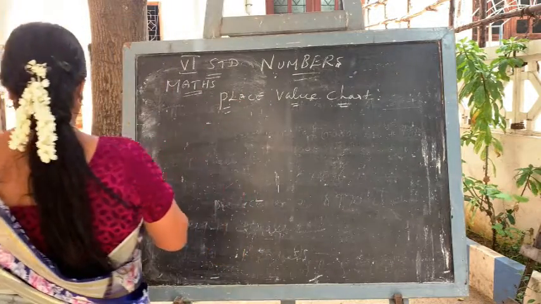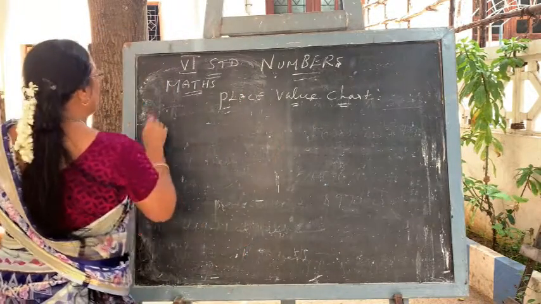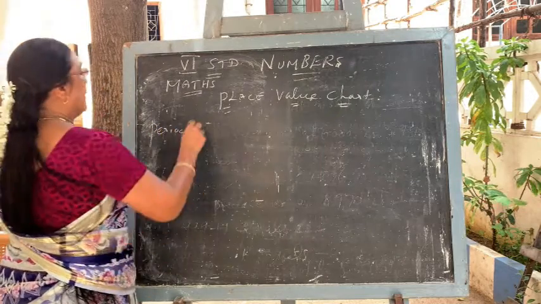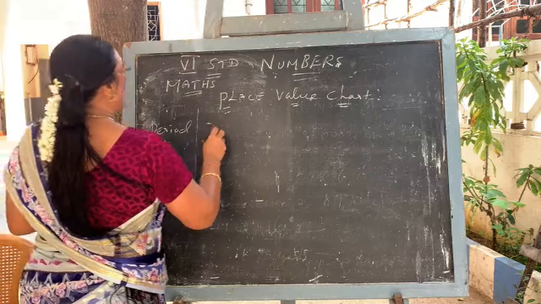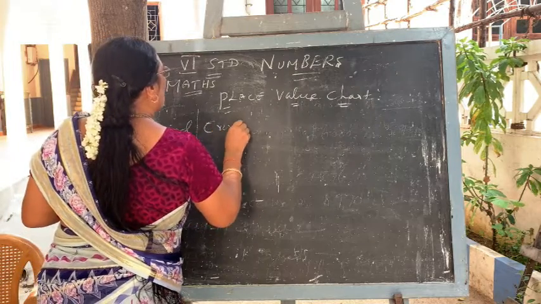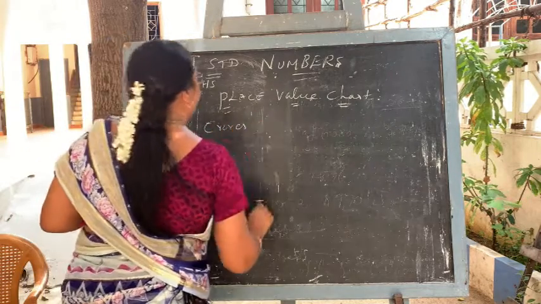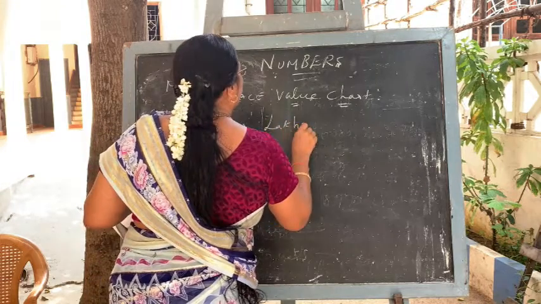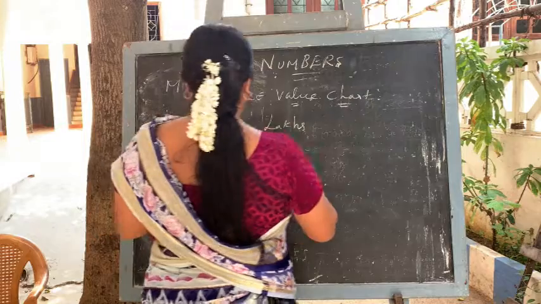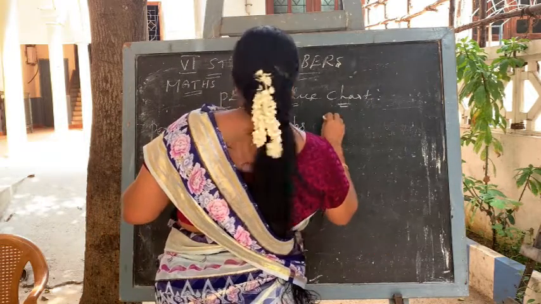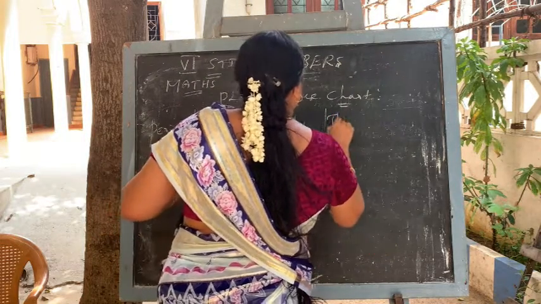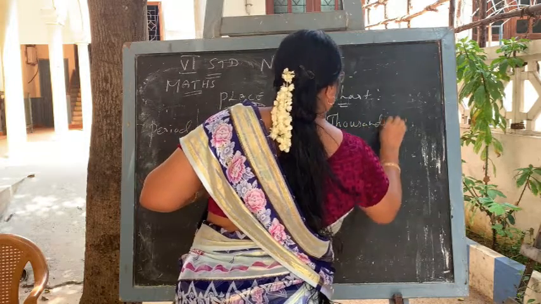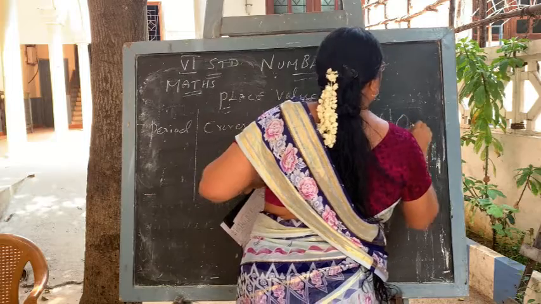How to make the place value chart? Before that, you have to split the place values into periods. What are the periods? Crores, lakhs, then thousands and ones.